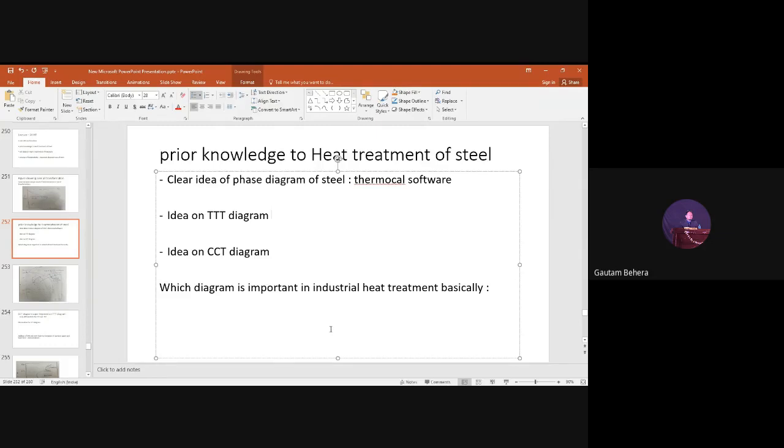Another thing is that the TTT diagram also tells about the different microstructures or products which will form after isothermal transformation. That means the TTT diagram is helpful to get the morphology and the nature of the transformation product, right? And then an idea of the CCT diagram, which we will discuss.